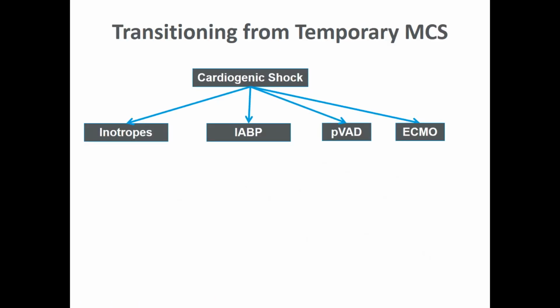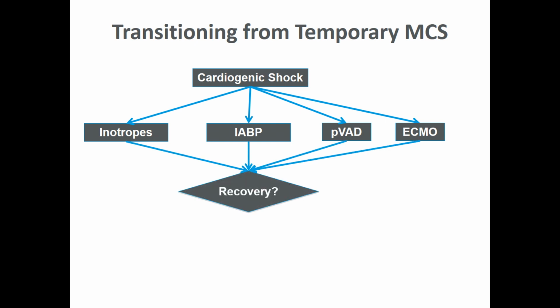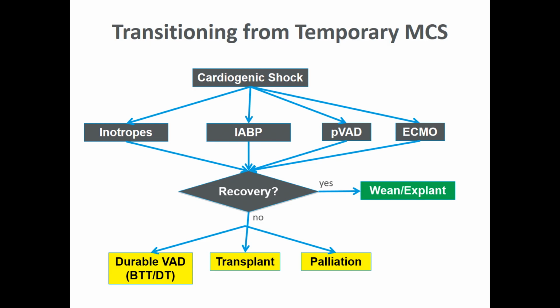Once patients are supported temporarily with any of a variety of mechanical circulatory support devices, there's a need to define the long-term destination. In some cases, temporary stabilization may provide a bridge to myocardial recovery and device explantation, but in other cases, shock may remain refractory and weaning and explant of these devices without another strategy may be difficult.